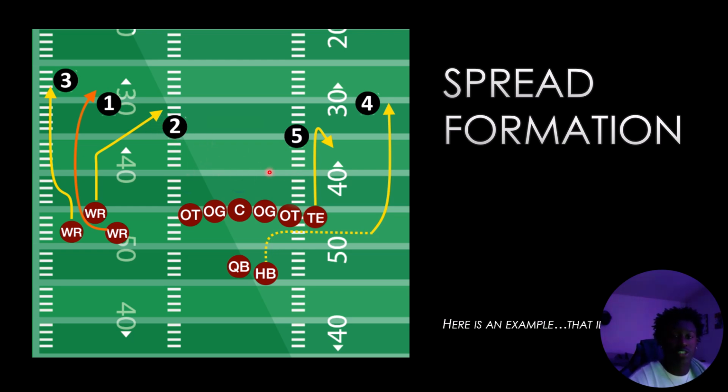The linebackers that are here, the safeties that are here, and the corners are here would be mad confused, because they're expecting them to run the ball, because you could technically still run the ball in this position and get a decent amount of yards, but they would just be confused on why they're running routes and why the quarterback is throwing to these specific spots and hitting those marks.